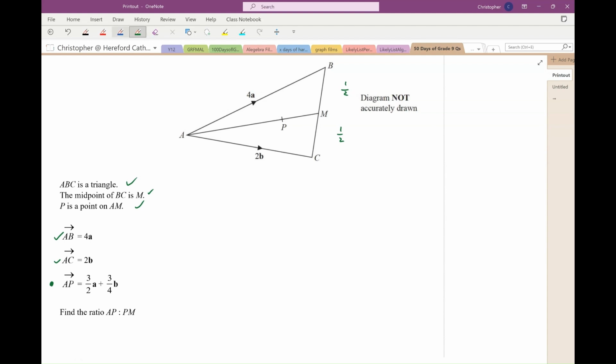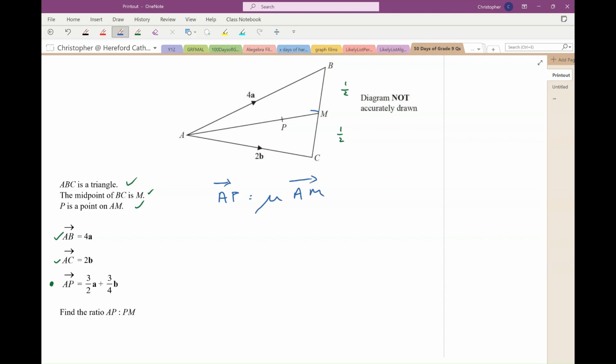So I've got to find the ratio between AP and PM. Okay. Well, let's first of all assume that AP is going to be mu of the way along AM. So, I don't know, maybe it's a half, maybe it's 2/3, I'm not sure what it looks like.